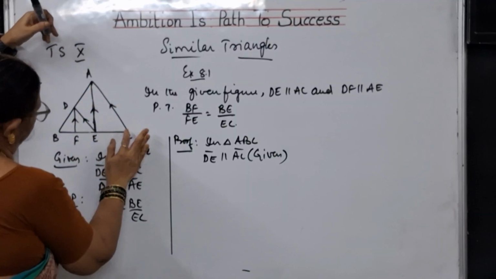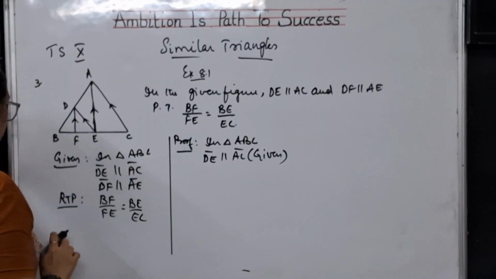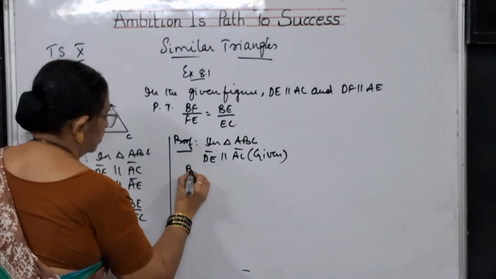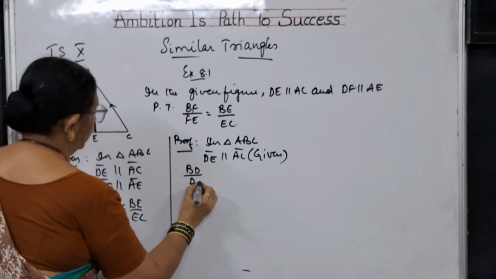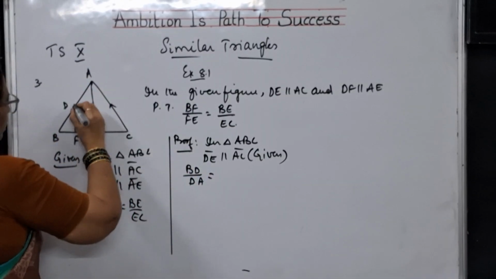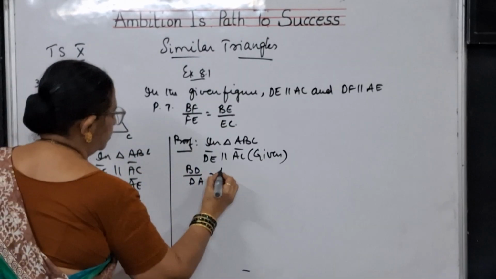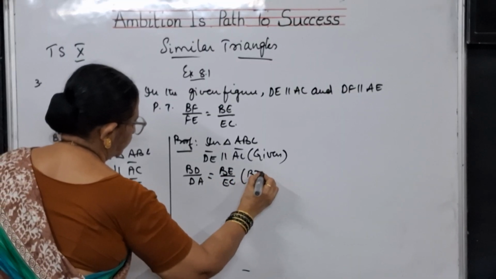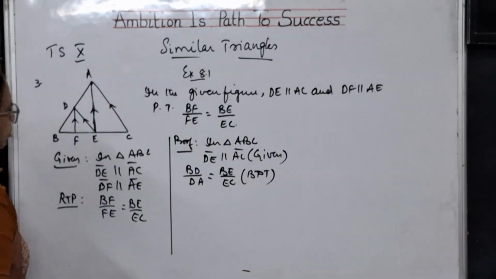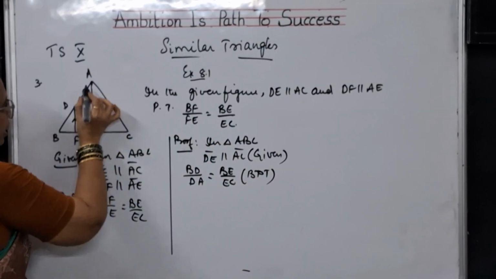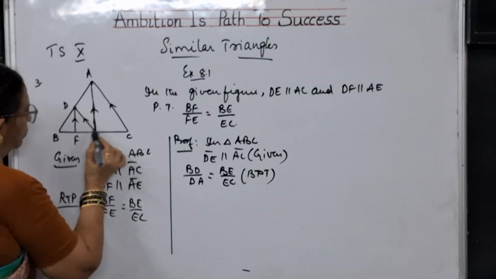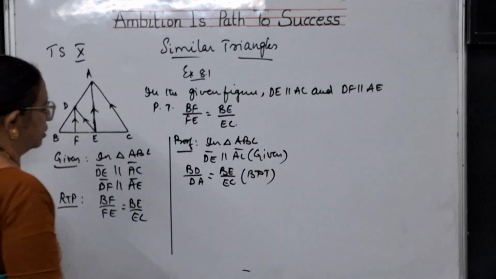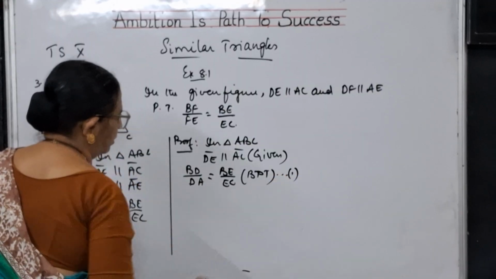When DE is parallel to AC, what can you say? BD by DA is equal to BE by EC, basing on BPT, basic proportionality theorem. If a line is parallel to one side, it divides the other two sides in the same ratio. Now we will take this as the first equation.